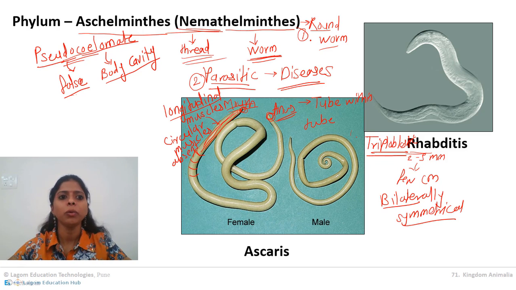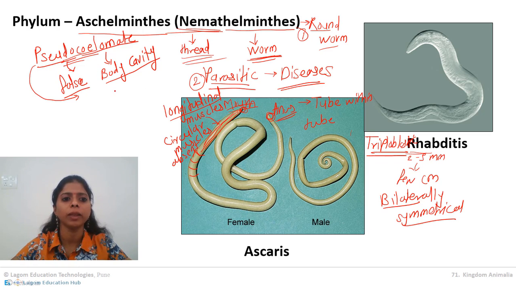Now one more thing remains to explain about the pseudocoelomate. They have a false cavity, which is called pseudocele.